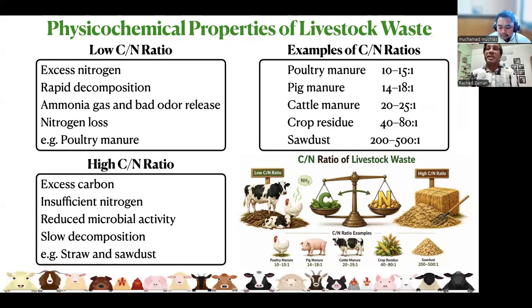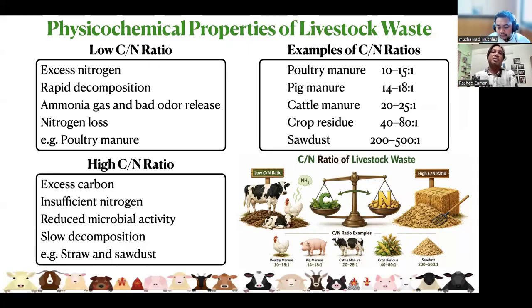And here are some examples of carbon to nitrogen ratios in different waste or manure. In case of poultry manure, it is 10 to 15 to 1, pig manure 14 to 18 to 1, and cattle manure 20 to 25 to 1. All these are examples of low carbon to nitrogen ratio.